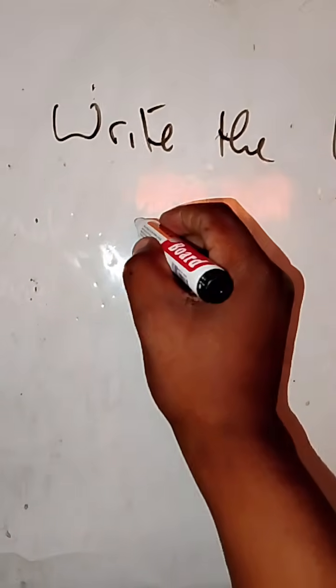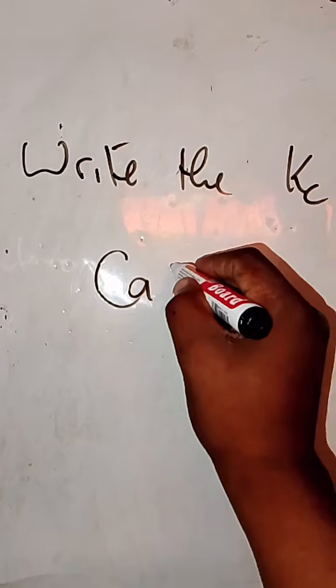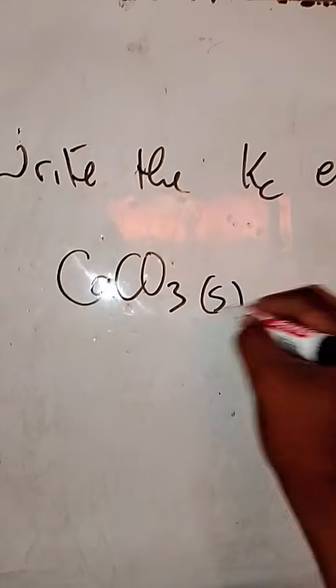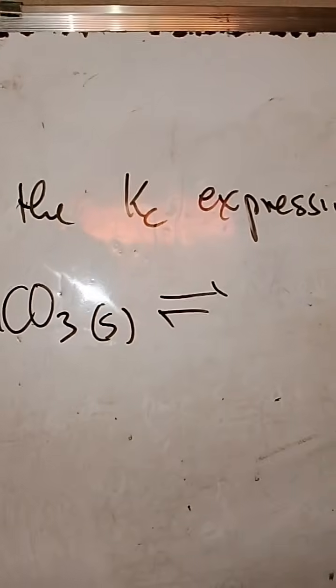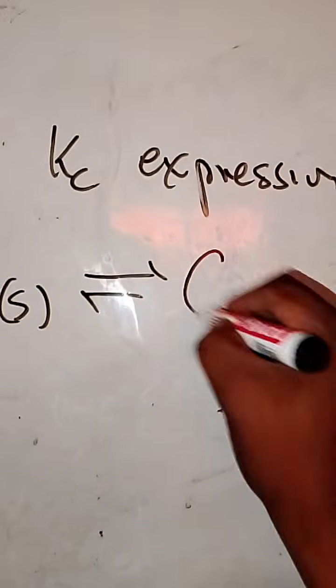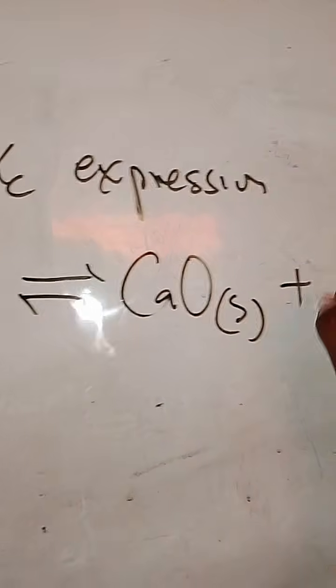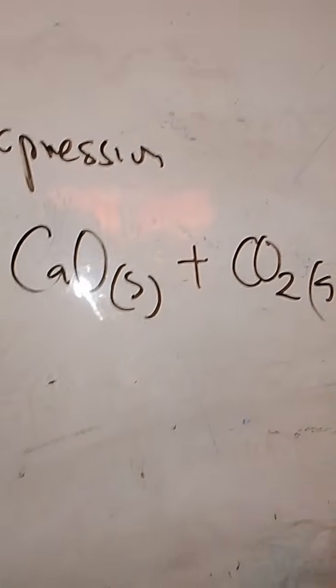For example, write the Kc expression for calcium carbonate solid, which forms calcium oxide plus carbon dioxide.